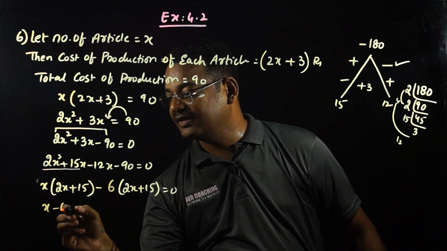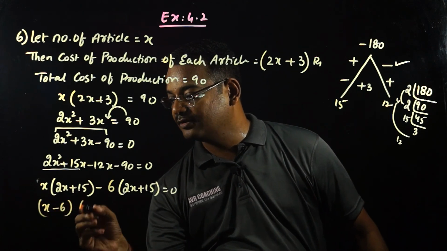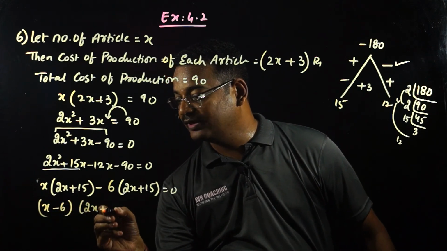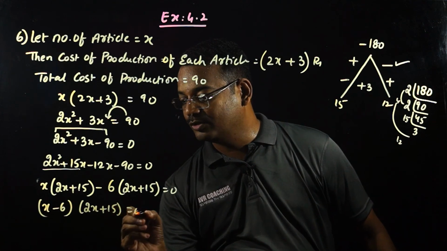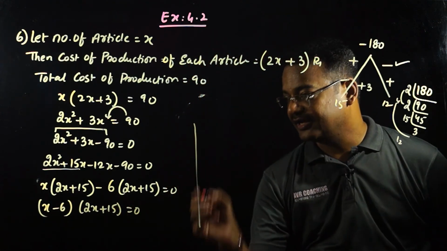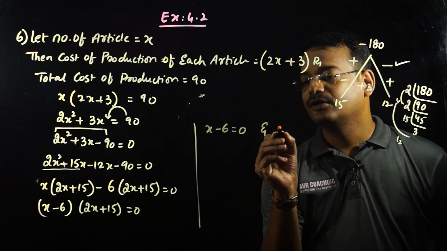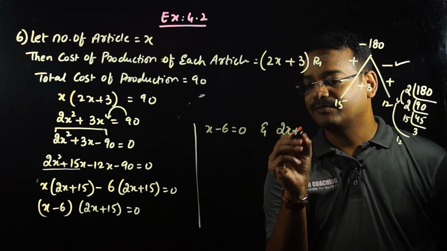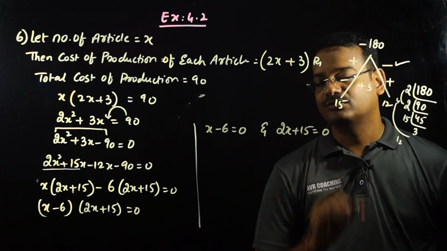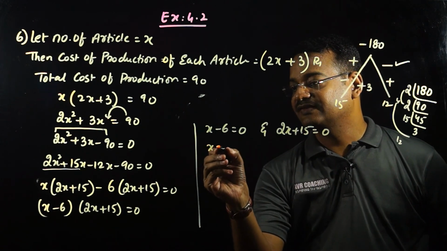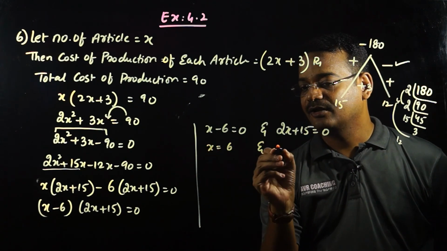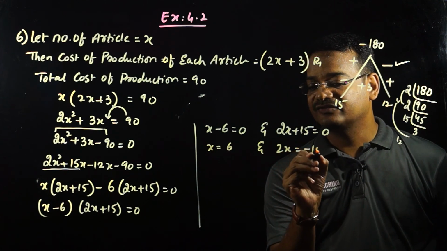So x minus 6 and 2x plus 15 equal to 0. This can be written as x minus 6 equal to 0 and 2x plus 15 equal to 0. So this is x equal to 6 and 2x equal to minus 15.